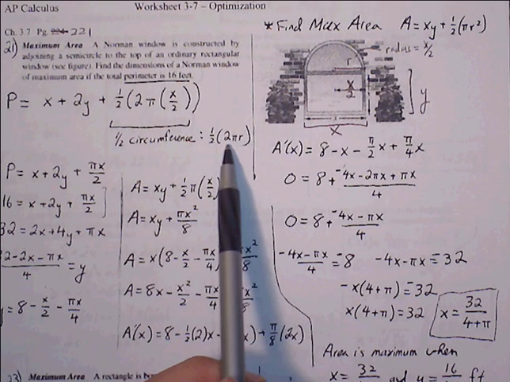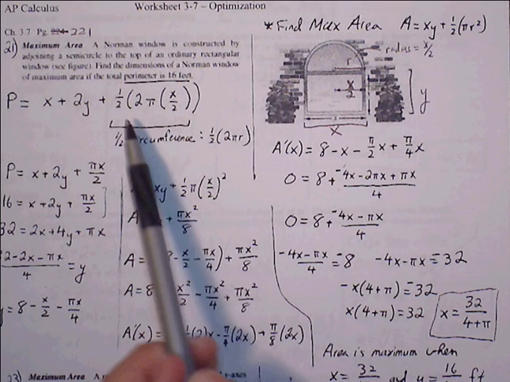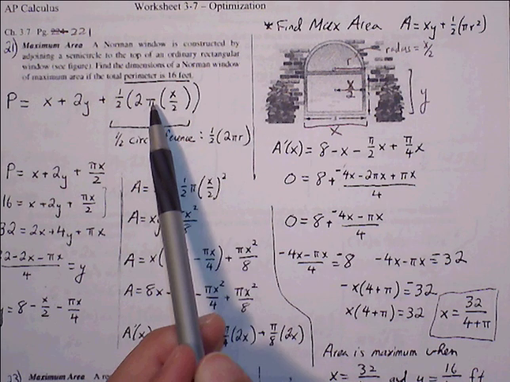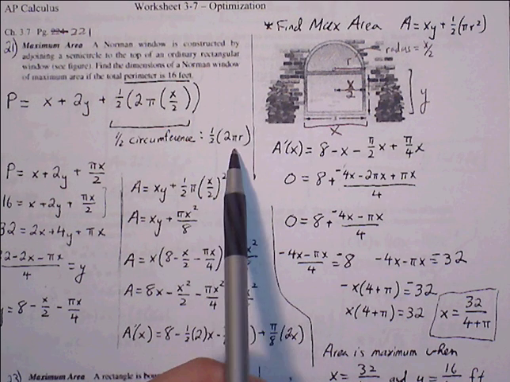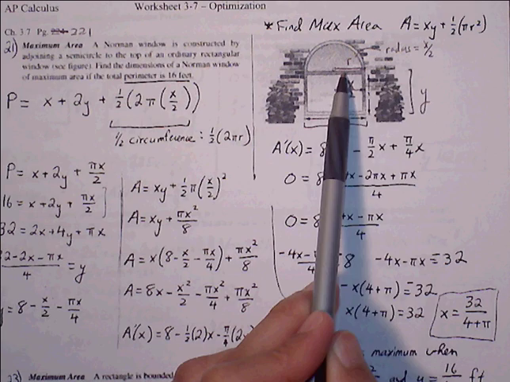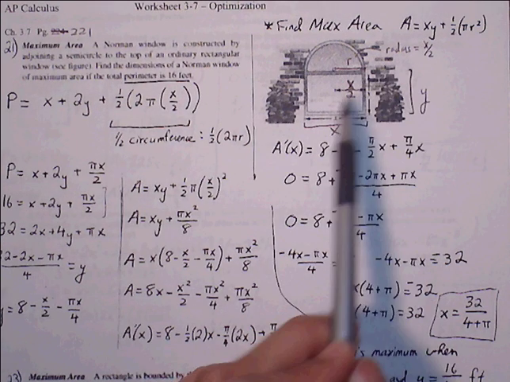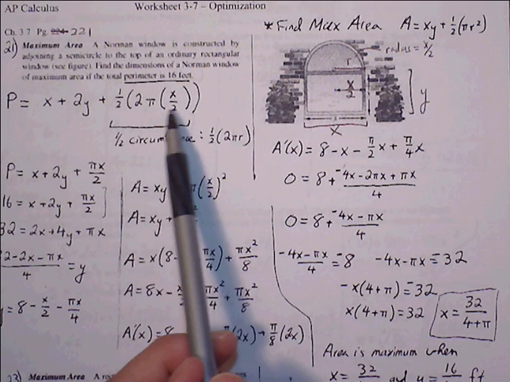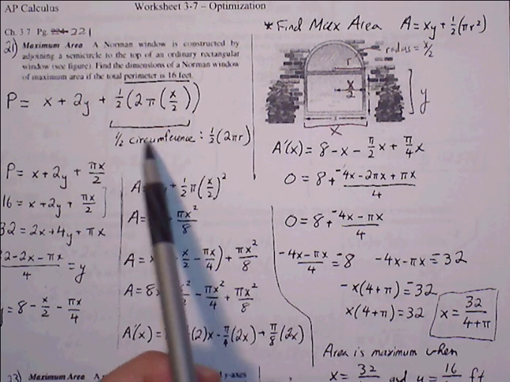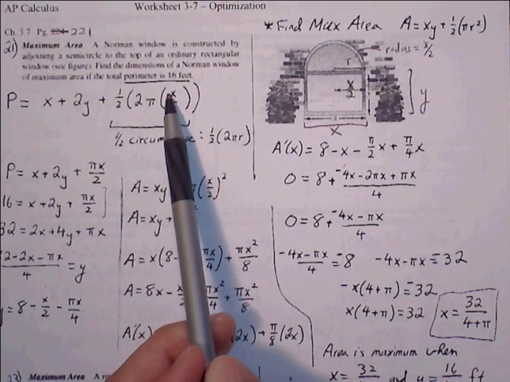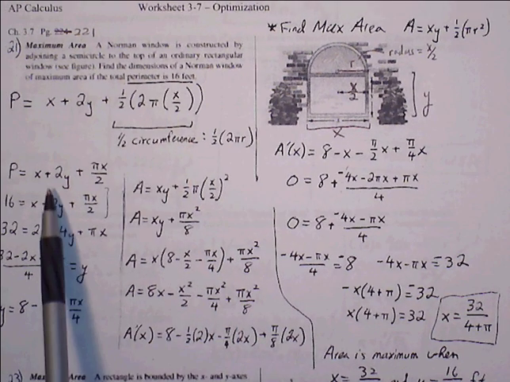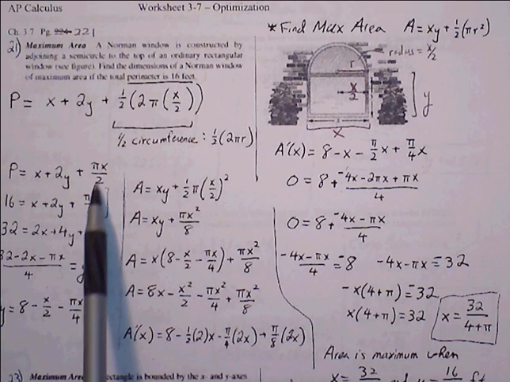The 2's cancel out, leaving us with just pi r. The radius of the semicircle is x over 2, so that we can limit the number of variables. We just want to get this in terms of x and y for now. So r gets replaced with x over 2, and we're left with x plus 2y plus pi x over 2.